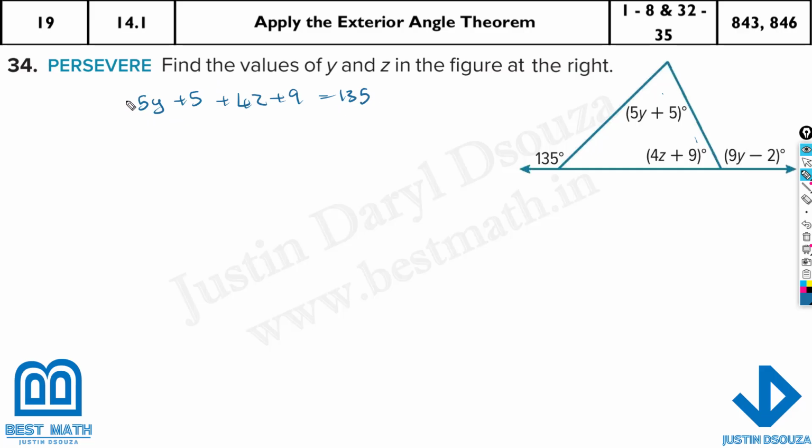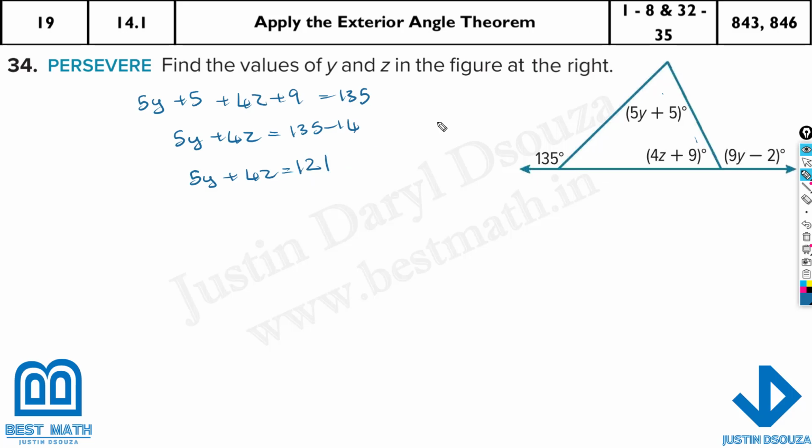Let's keep y and z over here and remove all the numbers to the other side. 5y plus 4z is equal to 135 minus 14. And here it'll be 5y plus 4z, that is equal to 135 minus 14, which will give you 121.